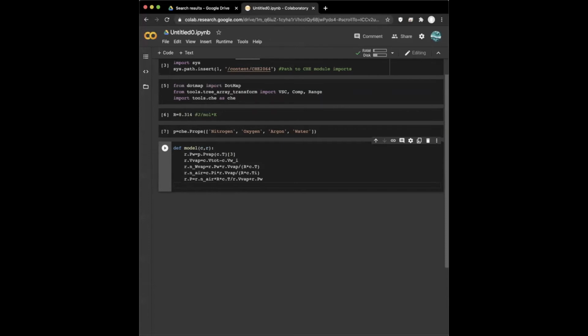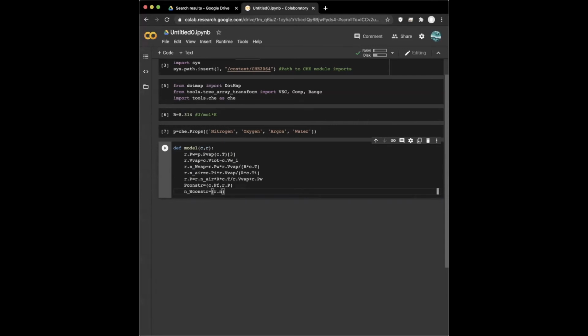So now we're going to have that in parentheses C dot PF. We're trying to find the final pressure, and then R dot P. And then we'll have N underscore W constra, we'll call it that.